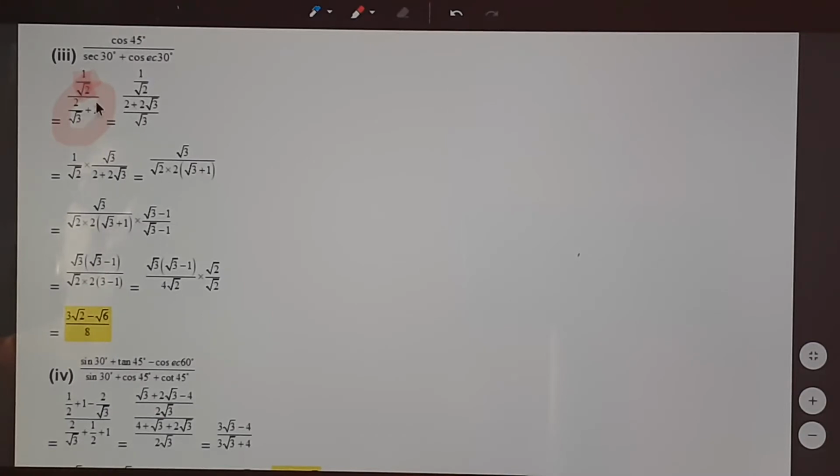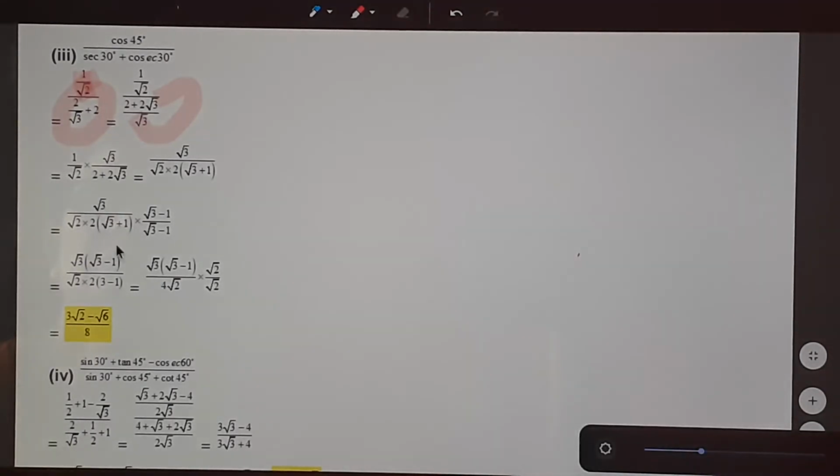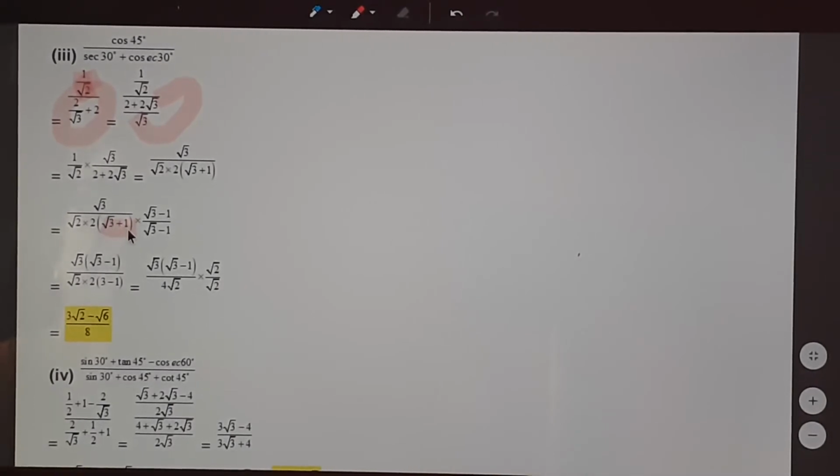1 by root 2, find the LCM. This will be root 3 into 2, that is 2 root 3 upon root 3. Now here denominator upon denominator. You know how to do this calculation. This 3 will go in the numerator and root 2 will be multiplied with this. So when you solve this, you will get root 3 minus 1 upon root 3 plus 1.